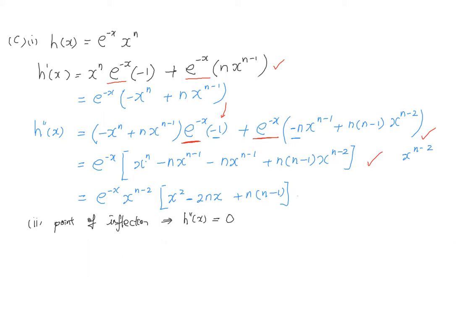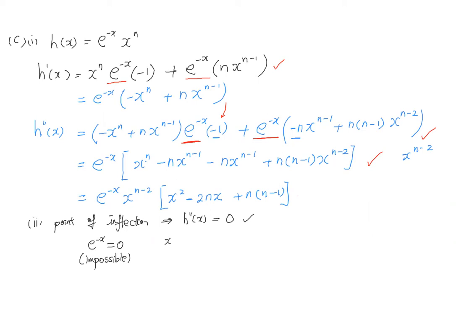So we know that e to the power negative x cannot be 0, correct? e to the power negative x equals 0, this one we write impossible. If you want to give a good communication, you communicate like that. You write down this one first, then you write down impossible. If you don't want to write down impossible, you say no solution.